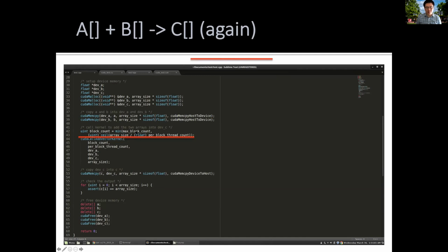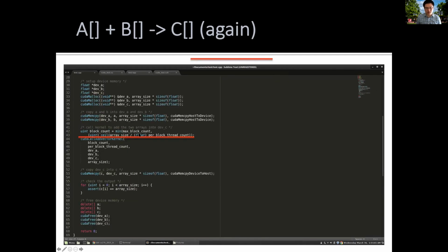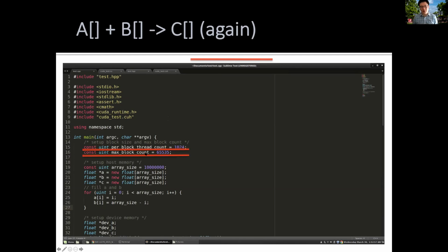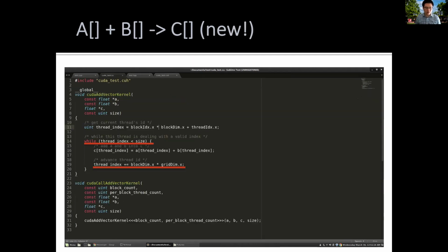That means if your number of blocks exceeds 65,535, you would just use that number. But the problem is that you don't have enough threads to handle all the elements if you assign one element to one thread. That means each thread needs to handle several elements. So how should we change our kernel? The idea is simple: each time, you increase the thread ID by the number of threads per grid, right?